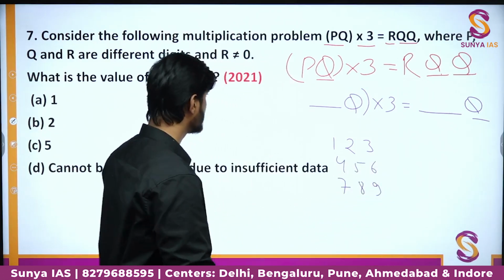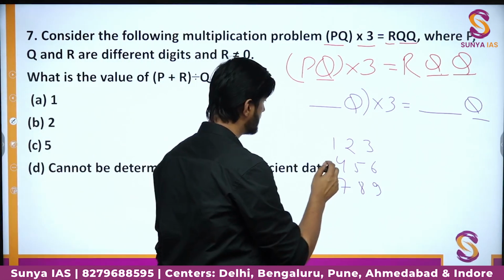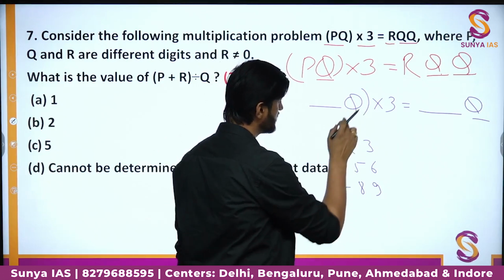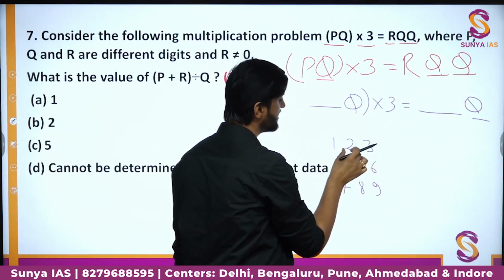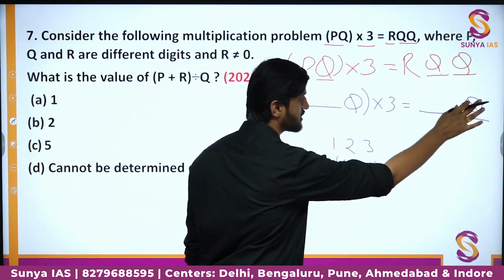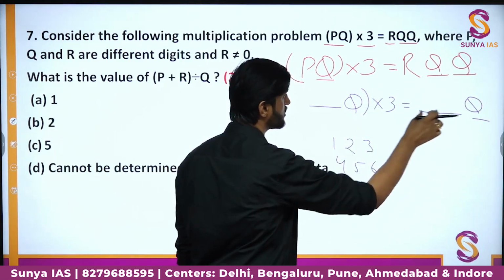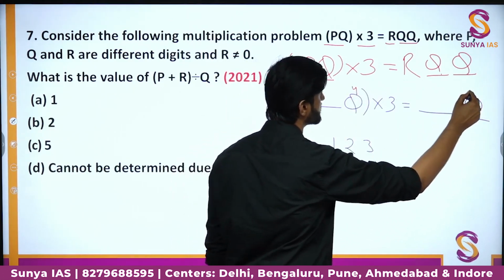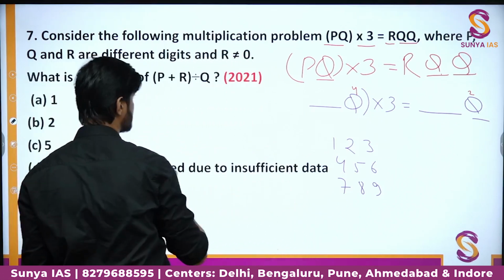Now let us check one after another. So here we can see that if we take Q is equal to 1, it will be 1 into 3, that is 3. So 1 is not getting repeated. Similarly, if we take 2, 2 into 3, 6, not repeated. 3 into 3, 9, not repeated. 3 into 4, 12, 2, not repeated. Then now we take the case of 5.